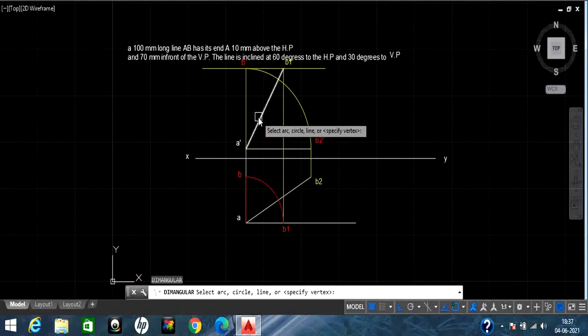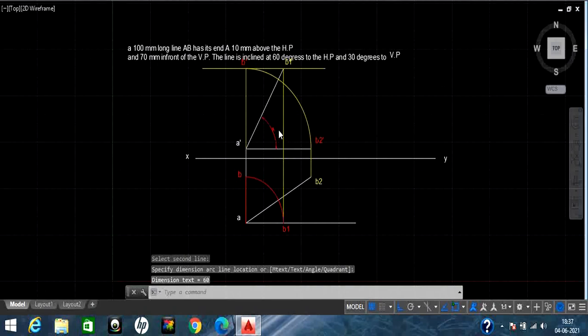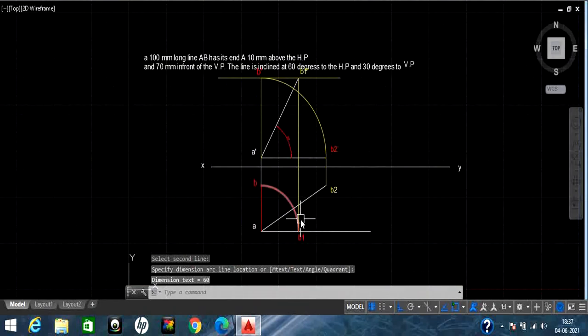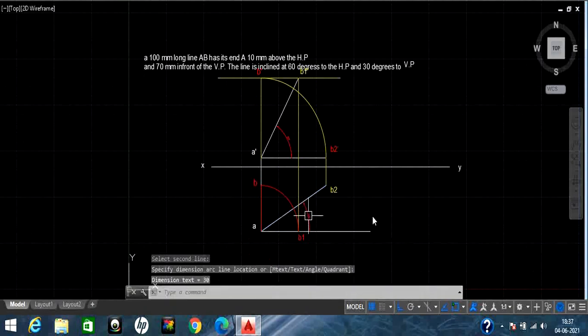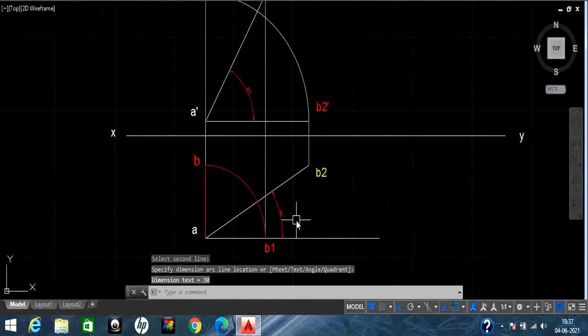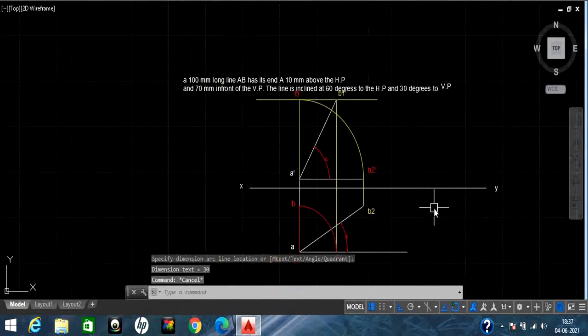Measure the angle between these two lines, which is 60, and again measure the angle between these two lines, which is 30 degrees. This dimension.